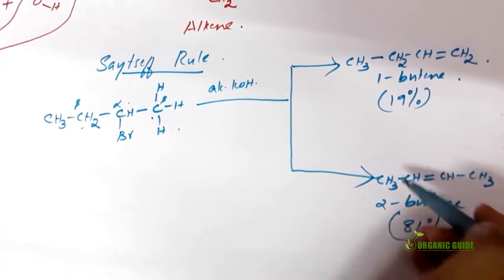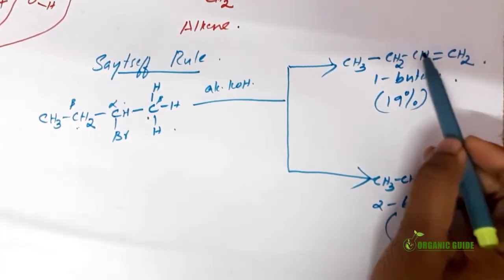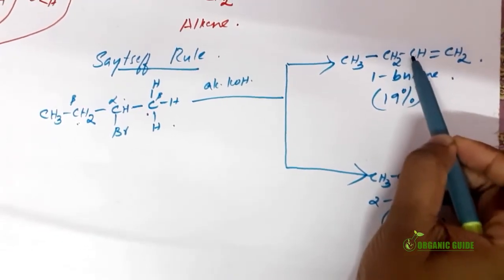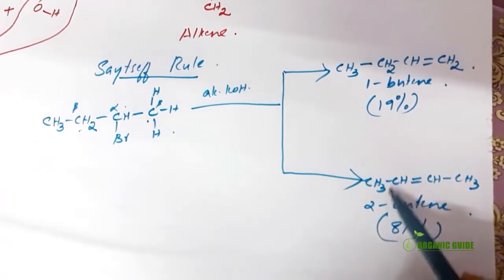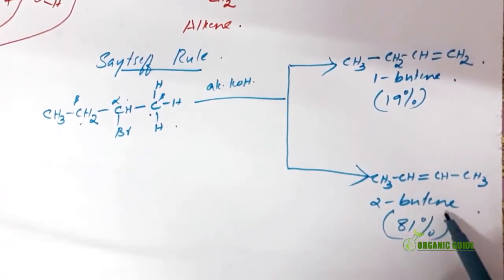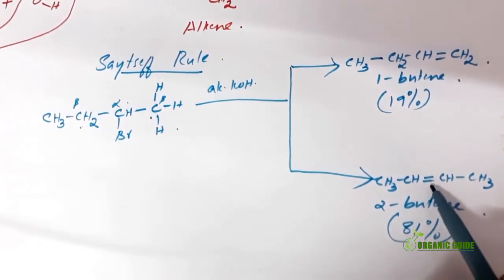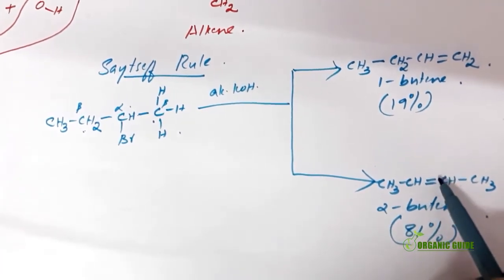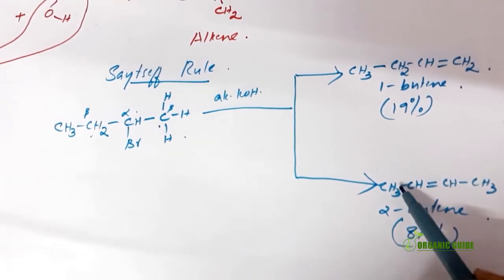What do you mean by highly substituted alkene? Here there is only one substitution, that is this is the functional group and this carbon is only substituted. But coming to the next product, that is 2-butene, this butene has two substitutions. This is a disubstituted product because this alkene is substituted with two alkyl groups.